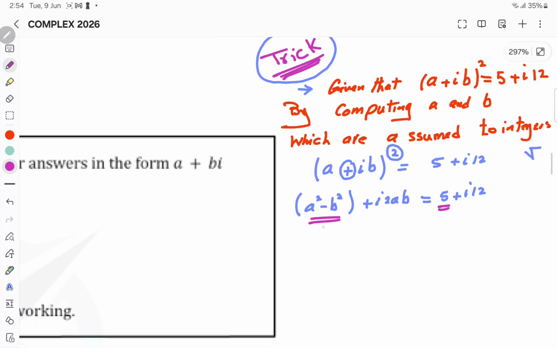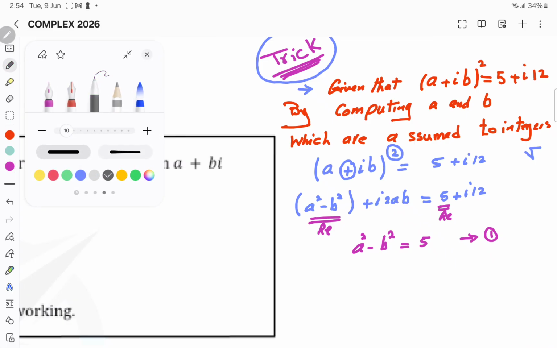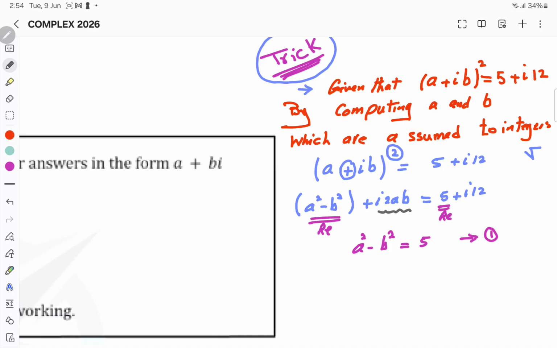That means I refer real to real, and the imaginary parts are equal. So equating real, we get that a squared minus b squared is equal to 5, the real part here, and that is the first equation. Equating the imaginary, the imaginary on the left-hand side will be 2ab, equal to the imaginary here, which is 12, and that's the second equation.